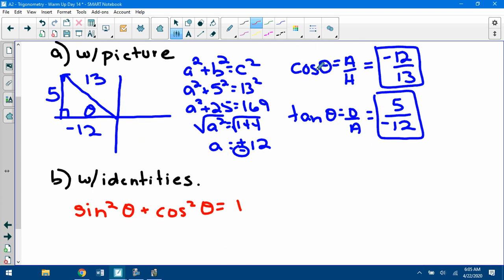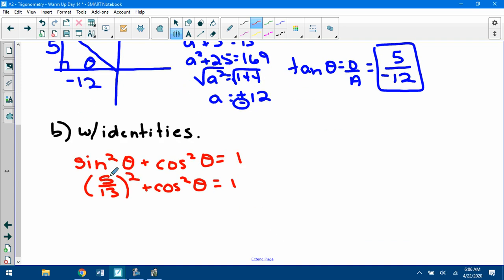So you plug in 5/13 for sine. So it would be 5/13 squared plus cosine squared theta equals 1. If you square 5/13, don't overthink it, that's 25 over 169 plus cosine squared theta equals 1.